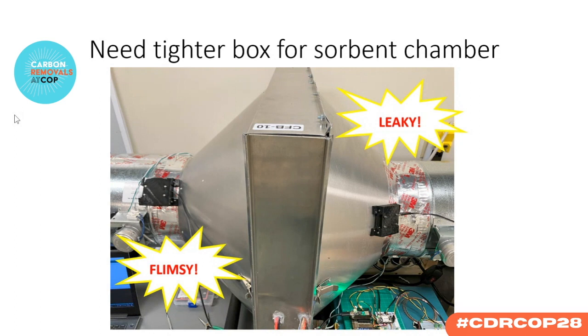But it's not designed to be a vacuum chamber. And as I mentioned, if you want to get the most efficient carbon dioxide capture, you need to actually provide a significant vacuum. You can see here in the corner there are little leaks, and it's kind of impossible to really seal this up.